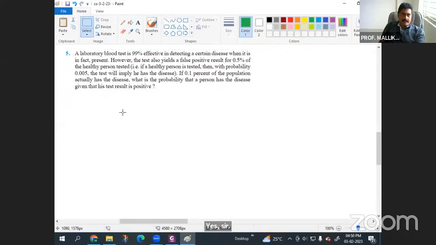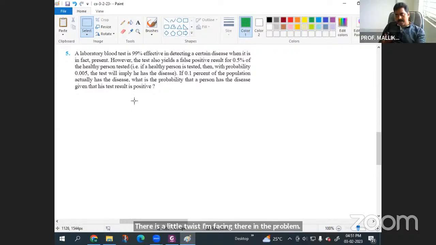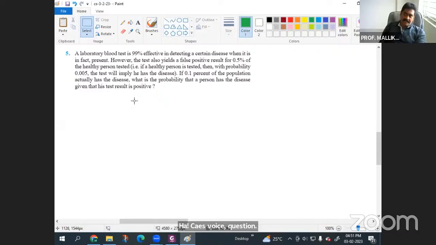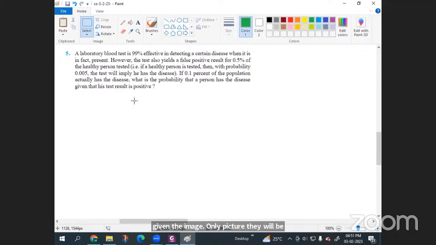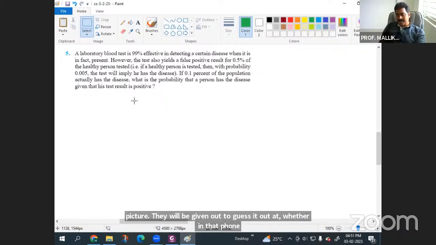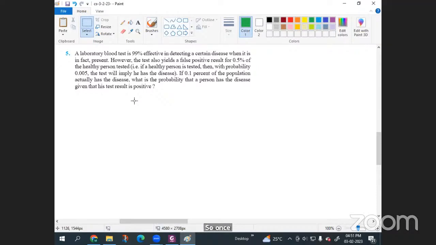In CBQ, case-based questions, on conditional probability or total probability, there is a little twist, and they will be given in image form, like a picture, and you have to work out what to use. Let me complete this one first and I'll get back to you. Yes, sir. Thank you, sir. Right.